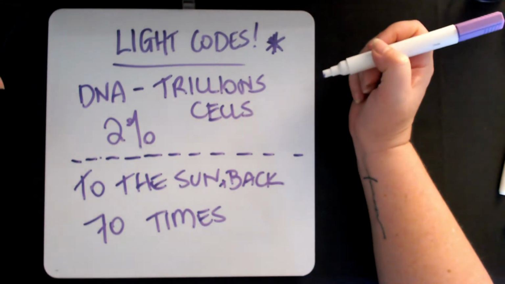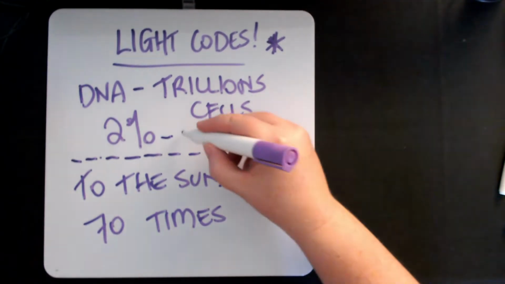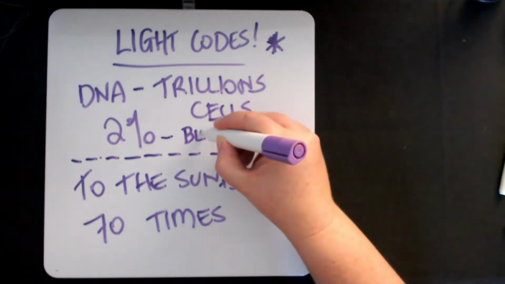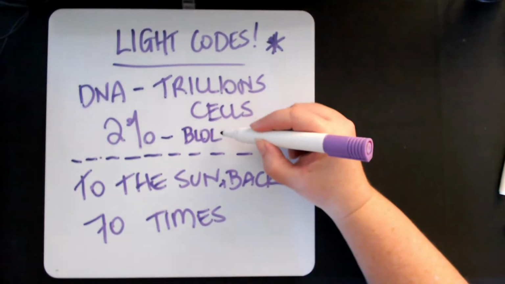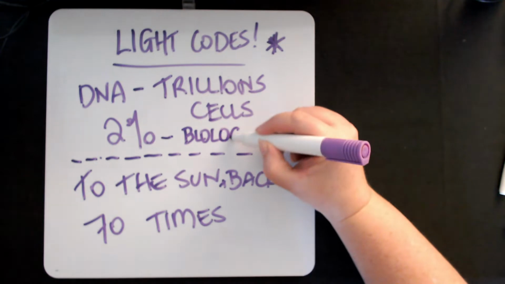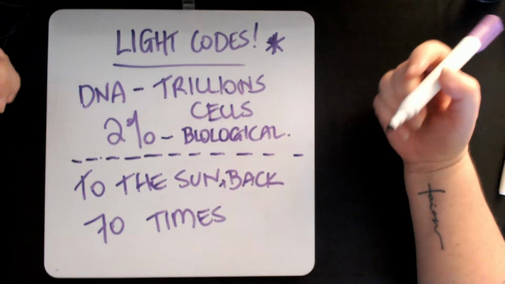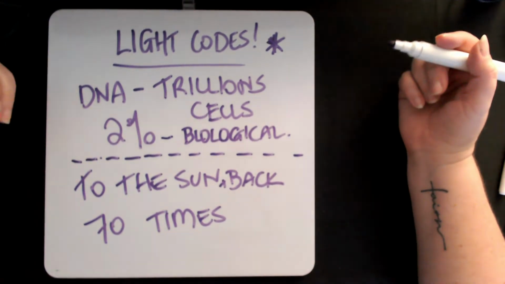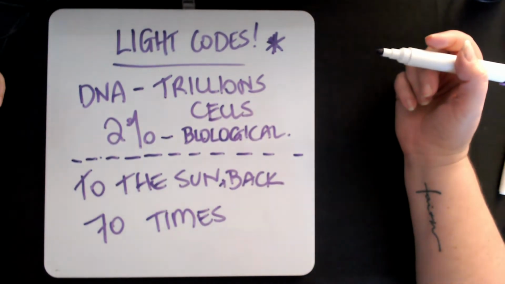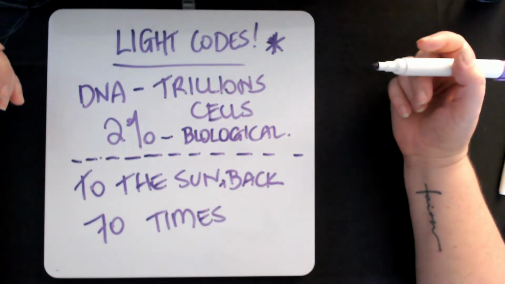Now, what is familiar to us, the parts of our DNA that we know are activated, is our biological process. We understand about the carbon-based biological DNA that gives us our blue eyes and our brown hair and our olive skin, or any and all of the above.